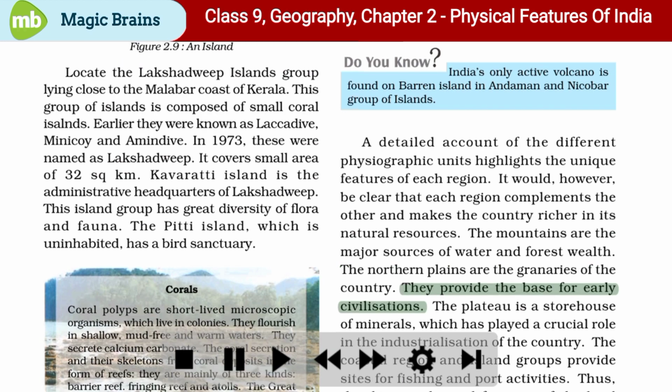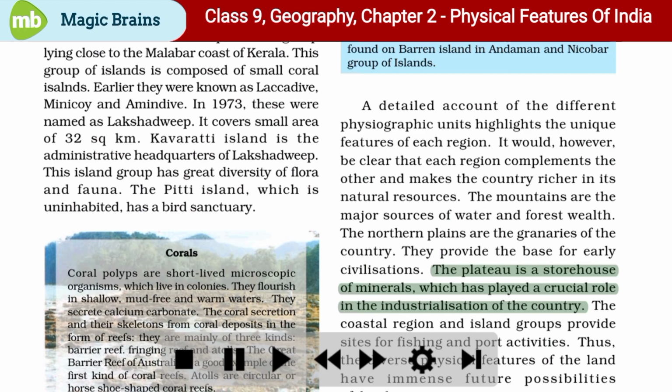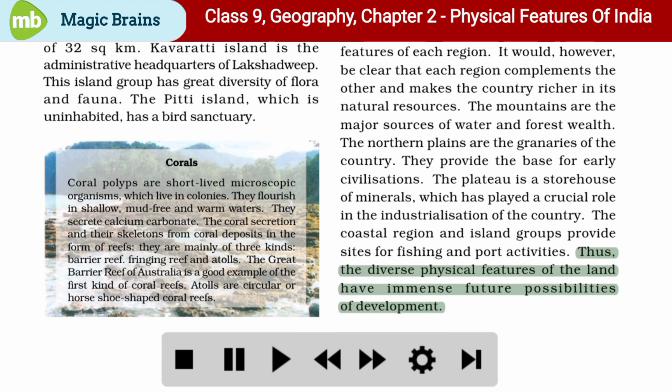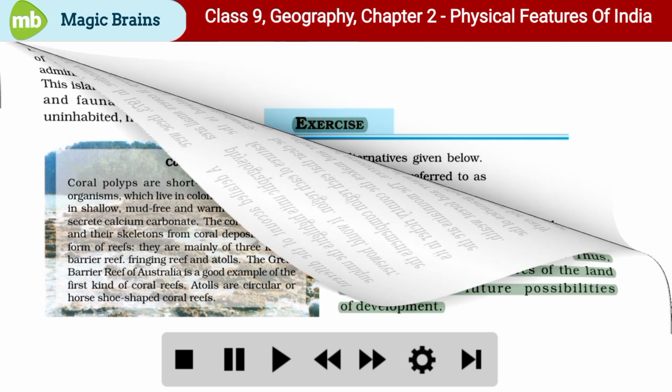They provide the base for early civilizations. The plateau is a storehouse of minerals, which has played a crucial role in the industrialization of the country. The coastal region and island groups provide sites for fishing and port activities. Thus, the diverse physical features of the land have immense future possibilities of development.